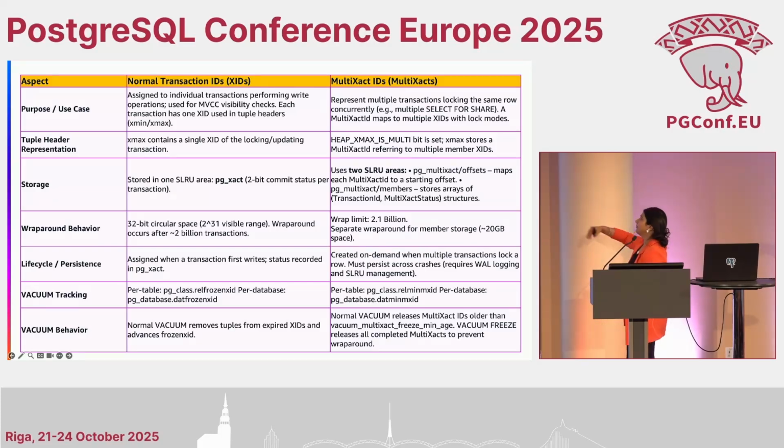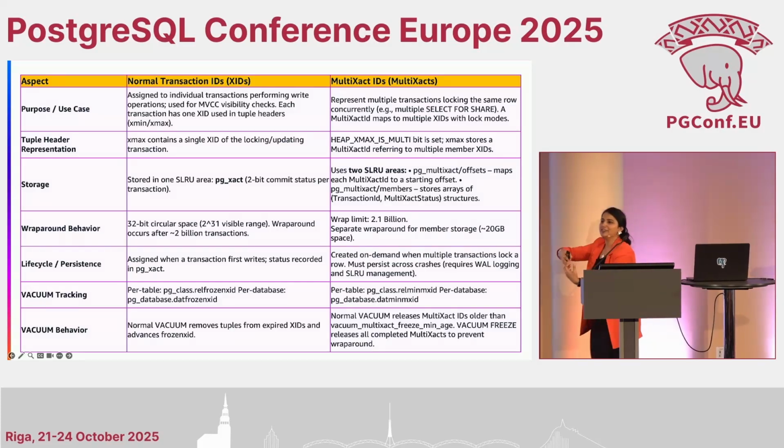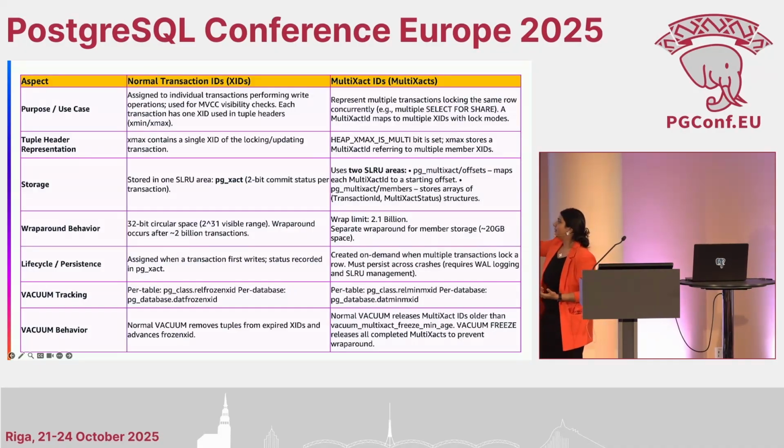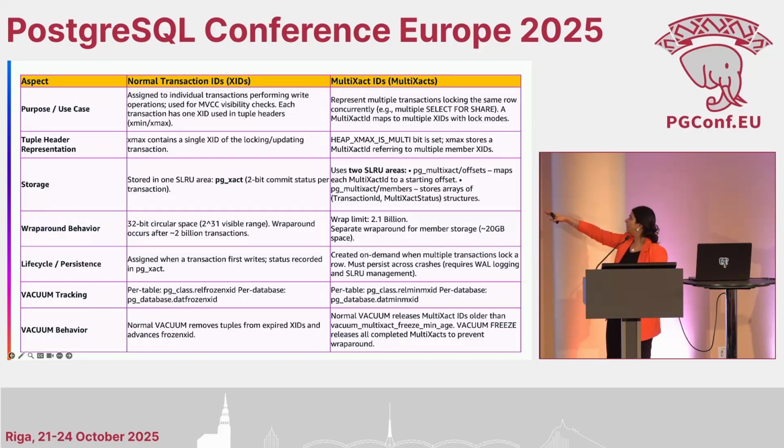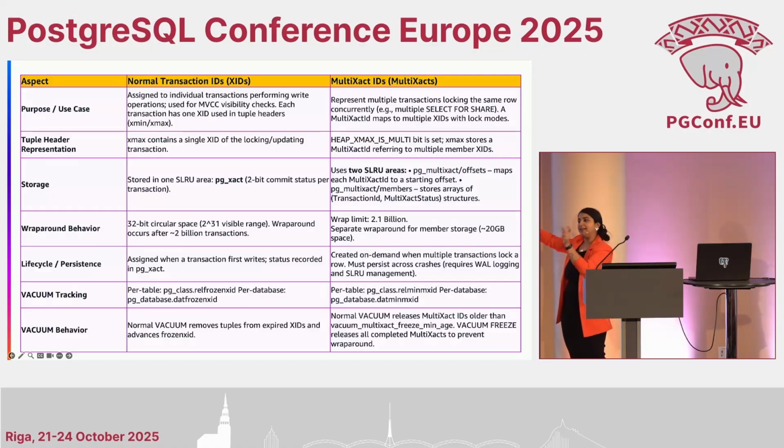Multiple transactions will need multiple XIDs, which we can't store in the tuple header, and that's why we need this MultiXact structure. For the tuple header representation, Xmax contains a single XID, which is the locking or updating transaction. For MultiXacts, a bit is set in the infomask, and Xmax stores the MultiXact ID.